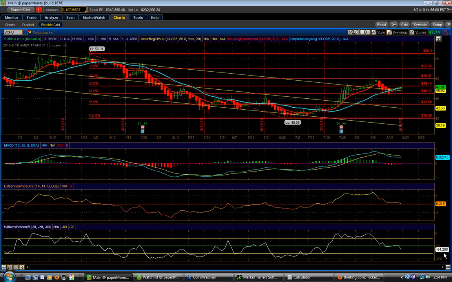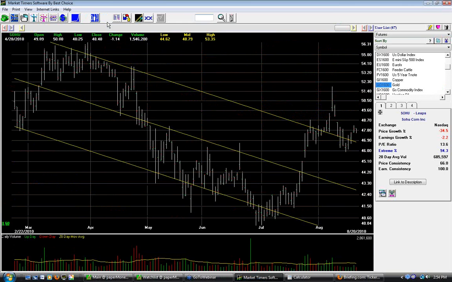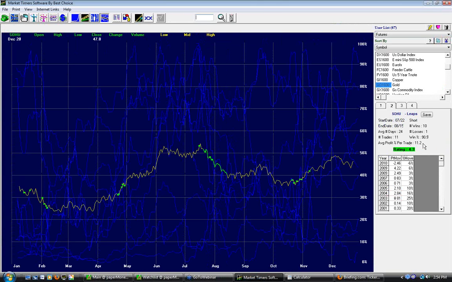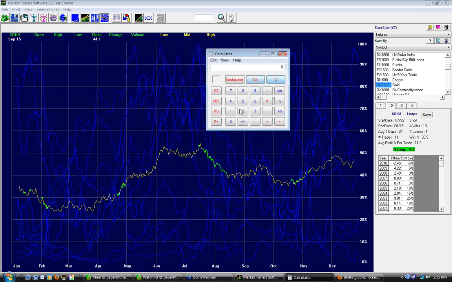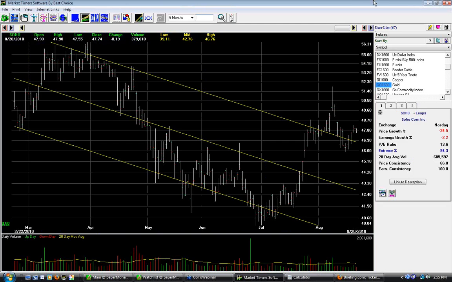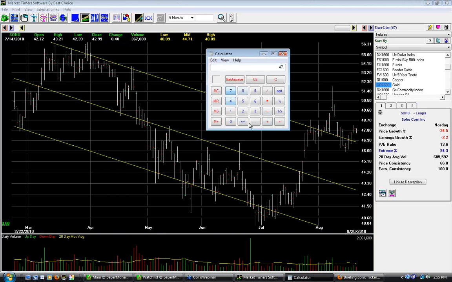So, yeah, an 11.4% move, 11.2. Take your calculator, take 1 minus 0.112 to give you a 0.888. Take the stock price of 47.74, 47.74 times my target.